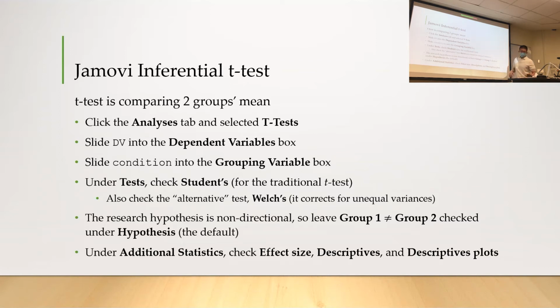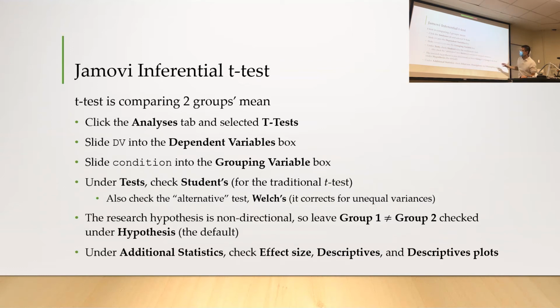Okay, and then under the test, you will check Student's. That's a traditional t-test. And you will also check Welch. That's the corrected version of t-test. You don't need to know what they mean. Just know that Welch is more accurate, especially when you have a smaller sample size, or if you have a sample that's skewed. Let's say everyone is high, and you only have a couple people who are low, and then Welch kind of corrects that.